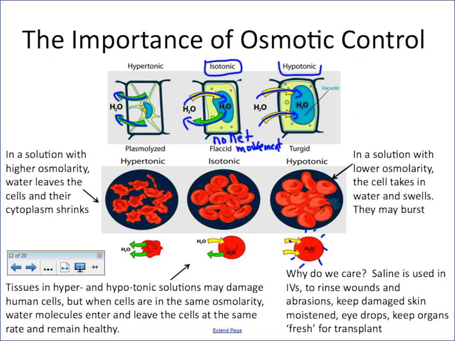Basically, the salt concentration of that solution could have an effect on the health and well-being of those cells. So oftentimes, saline is going to be used in IVs, and saline is considered an isotonic solution, as it is a 0.9% solution of sodium chloride that is going to be used in IVs.